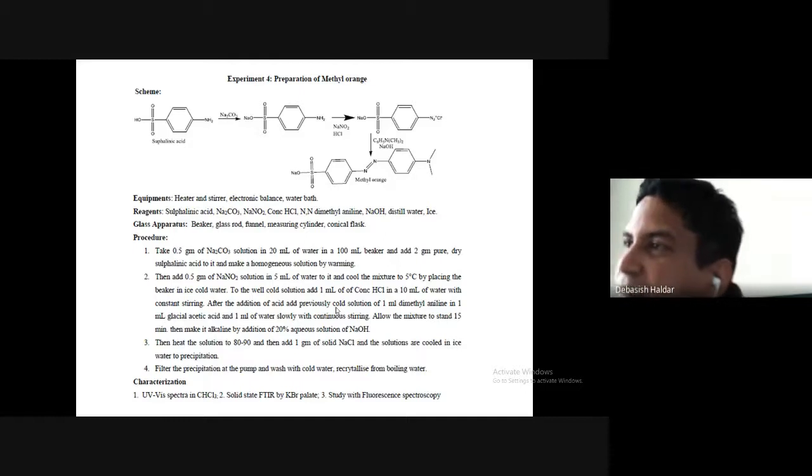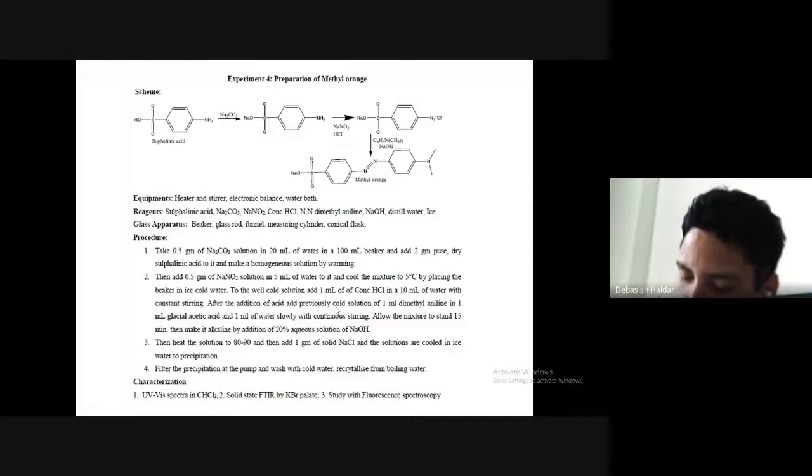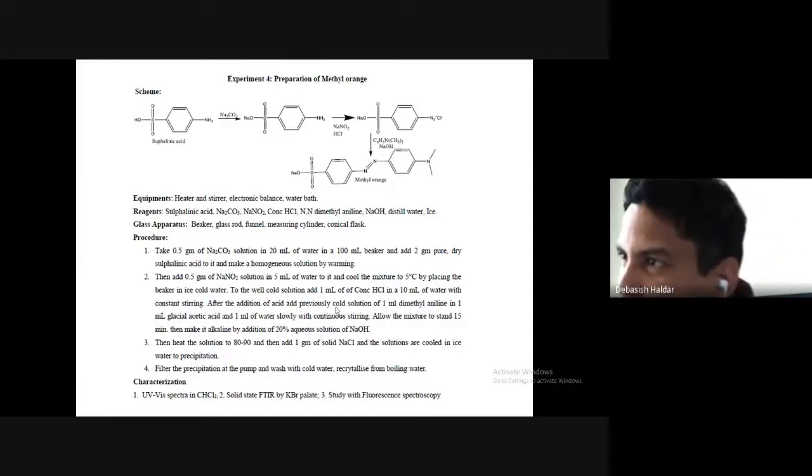Another thing is that we can use this methyl orange as a dye in our dyeing industry and for other purposes. For synthesis of methyl orange, what we need are sulfanilic acid and N,N-dimethylaniline. By reaction type, this is basically a coupling reaction.